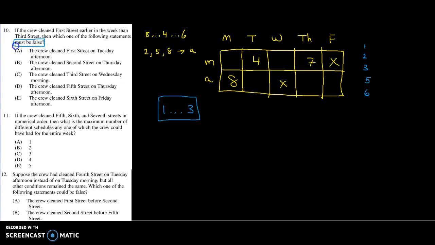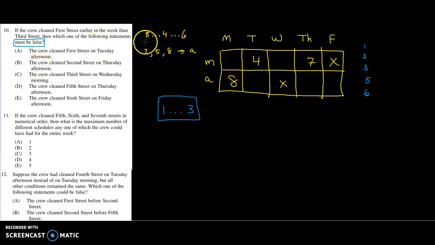Now, this is where strategically I would advise that if you were faced with something like this on the actual test, you put a pin in this one, move on, and come back to it later. Because when you're asking for something that must be false, the correct answer is going to be something that breaks the rules.